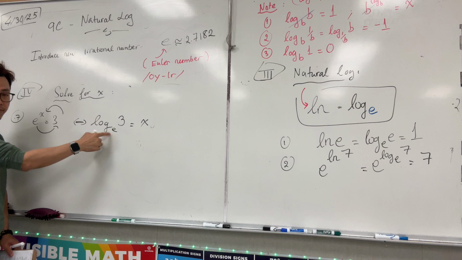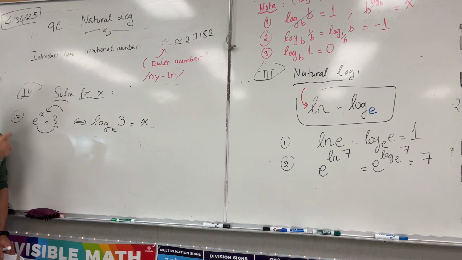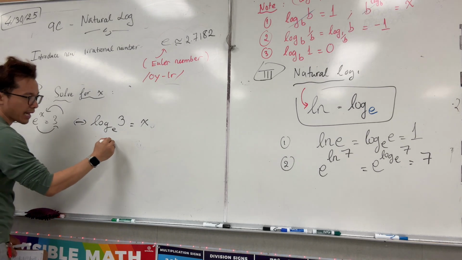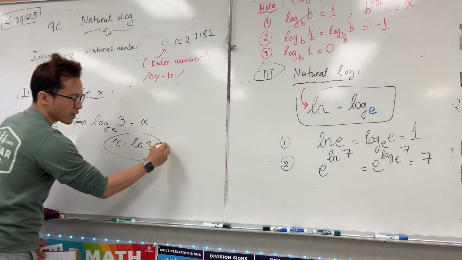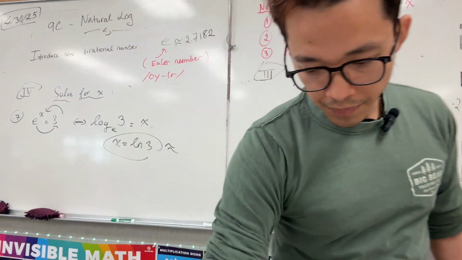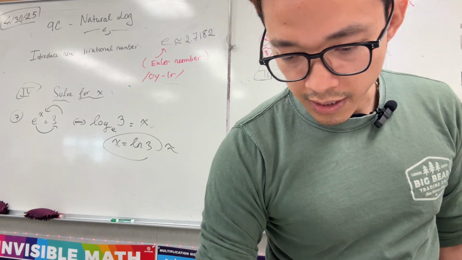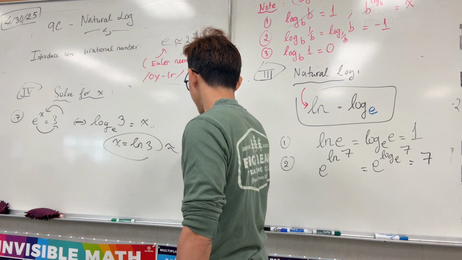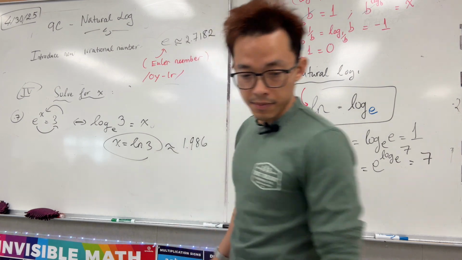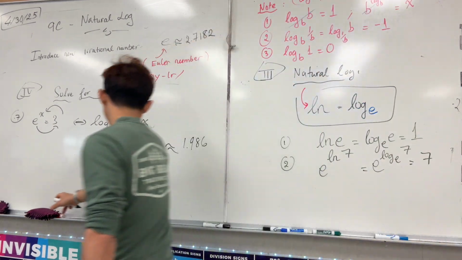Now, this is not quite finished yet because log base e is ln. So that means x equals ln 3. Just use the calculator to check it. It's about 1.0986.